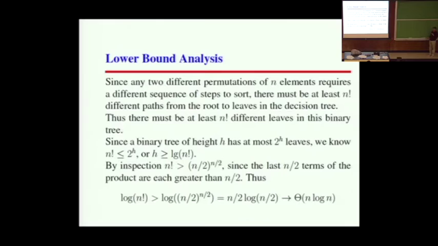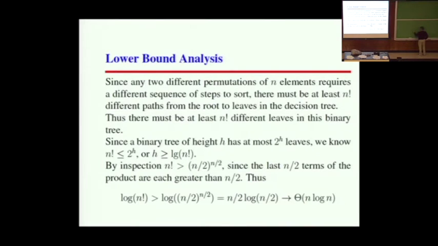Why is this? N factorial is the product of 1, 2, 3, up to n, right? Is that going to be less than the product of n, n, n? Yes, that's what's here. Second, is it clear that n over 2 to the n over 2 is less than n factorial?